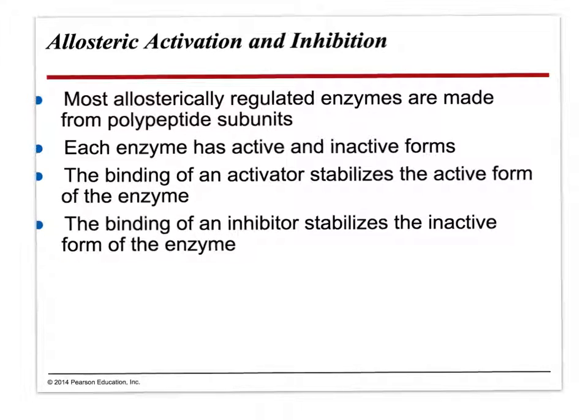In this case, the activator binds to the enzyme and stabilizes the active form, and the inhibitor binds to the enzyme and stabilizes the inactive form of the enzyme. So allosteric activation stabilizes the active form, and inhibition stabilizes the inactive form.